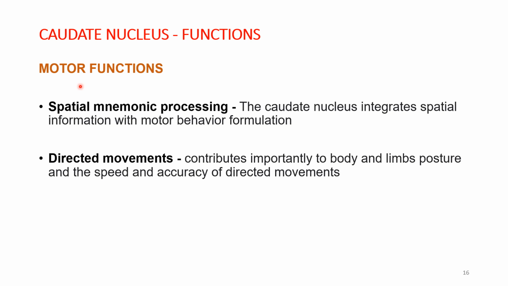Phylogenetically it is divided into neostriatum and paleostriatum. In that we are discussing the neostriatum, or striatum, that is the caudate nucleus and putamen. We have seen the afferent and efferent connections, and now we came to the functions of the caudate nucleus, which performs motor and cognitive functions.